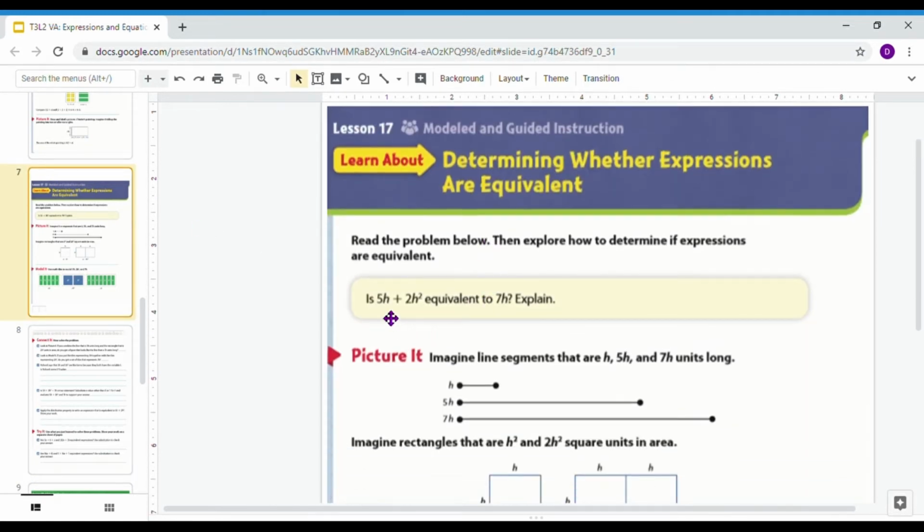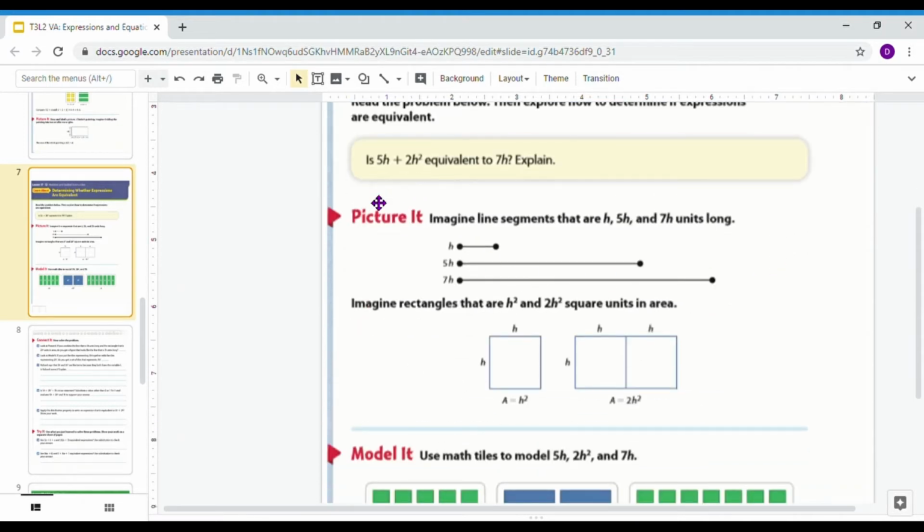Because remember, we're trying to figure out if 5h plus 2h squared is equal or the same as 7h. So they're saying, if we took this rectangle that we know is 2h squared, and we put it right next to this 5h, just like they would add them together in our first expression, would that even look remotely like the length that is 7h?